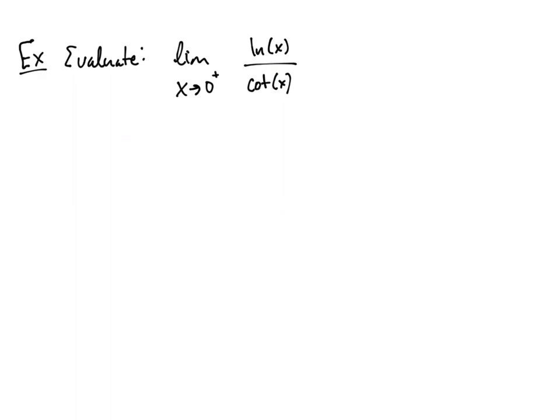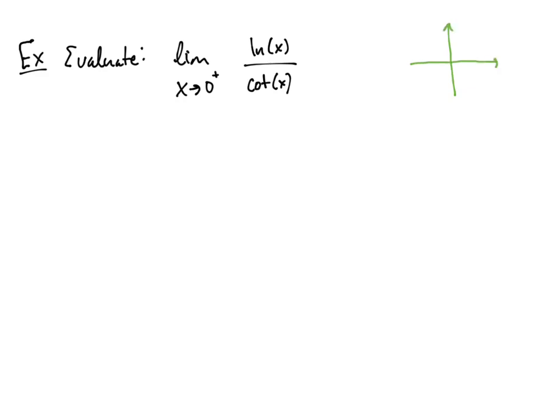All right, our next example, we want to evaluate this limit: as x goes to 0 from the right of the natural log of x divided by cotangent of x. I'm going to look at a graph here.